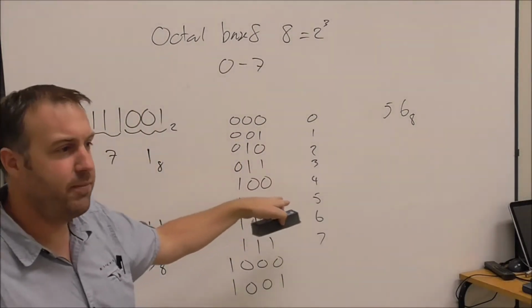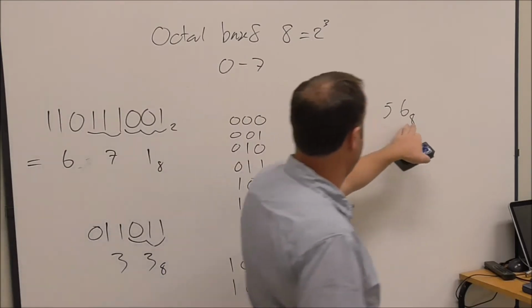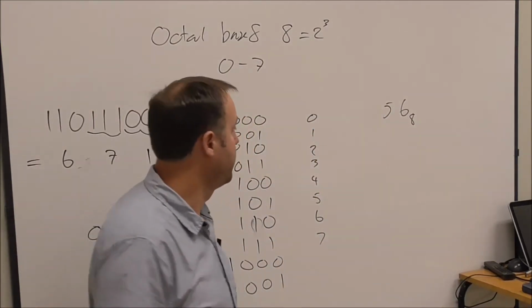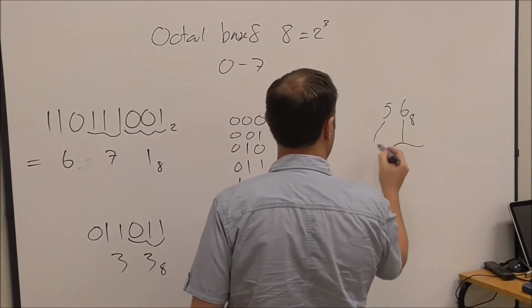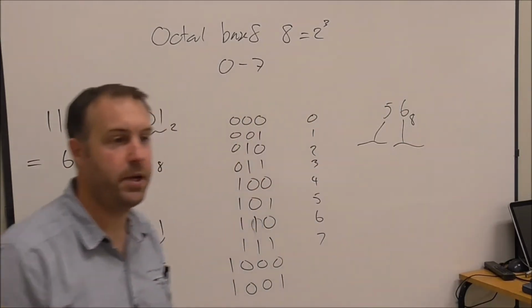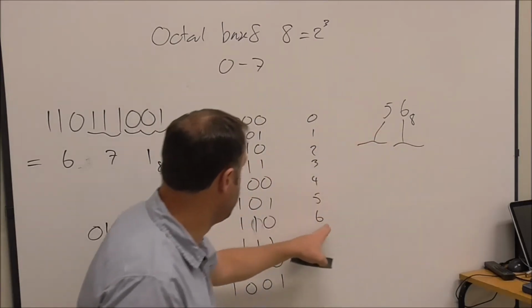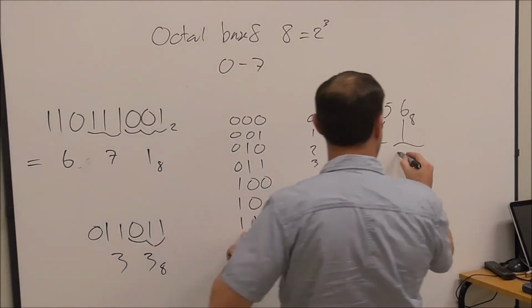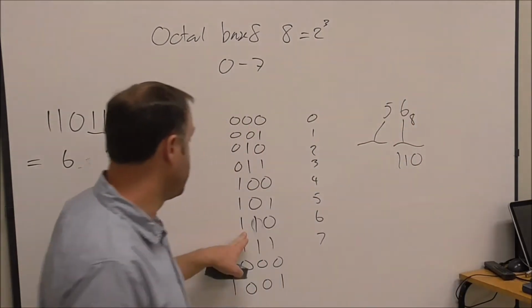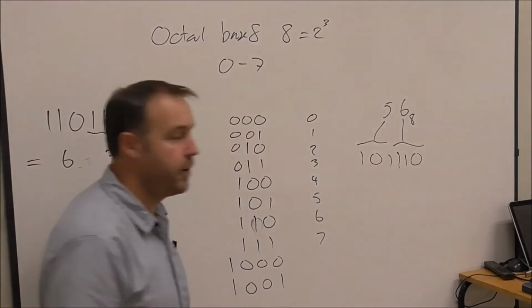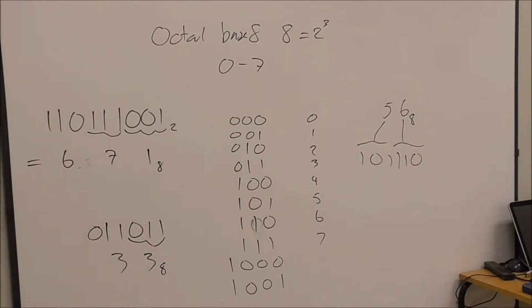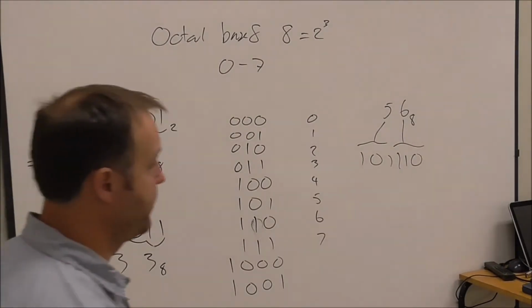Can we do the same? Yeah, so you have 2 groups of 3. So this one would correspond with one group of 3 bits, and this one would correspond with another group of 3 bits. So 6 corresponds with 110, so I just write it down. 5 corresponds with 101. And so 56 in octal is 101, 110.